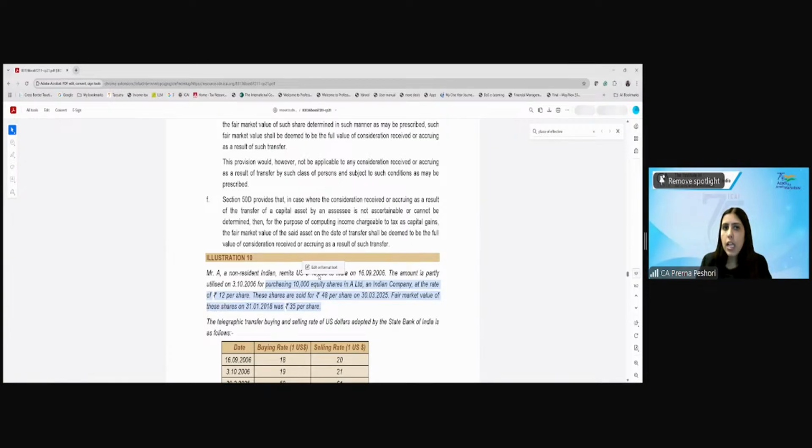When you sell and purchase through a recognized stock exchange, you have long-term capital gains under 112A. Correct? So if it is 112A, in that particular case, you will not get the benefit of first and the second proviso to 48. Isn't it?